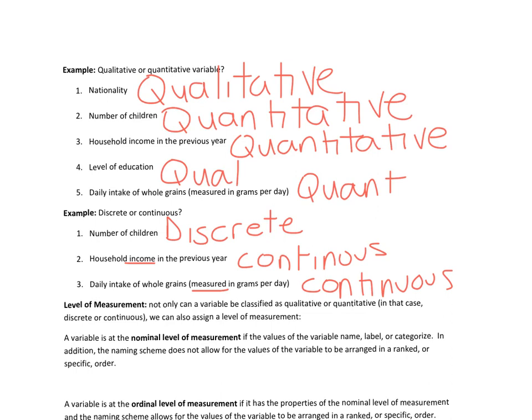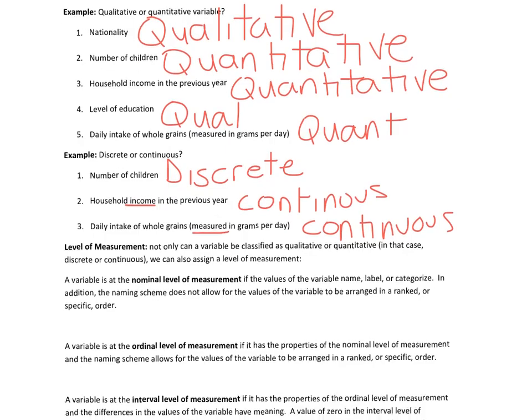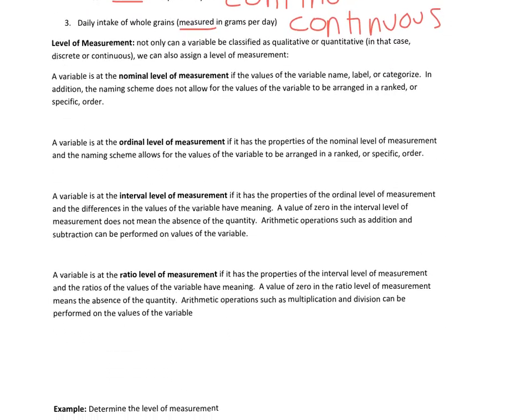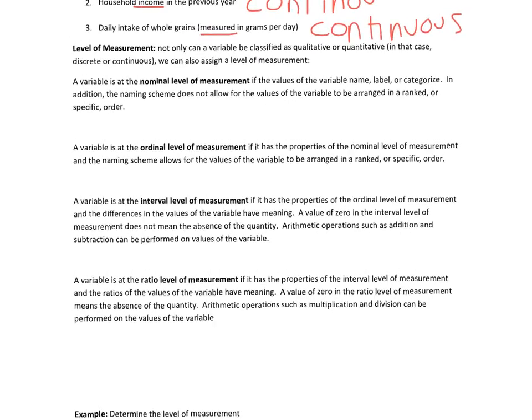All right, so our final way to classify variables is something called level of measurement. So not only can a variable be classified as qualitative or quantitative, we also assign a level of measurement. And the levels of measurement get more and more strict. So for instance, the last level of measurement right here, it has all the same qualities as before.